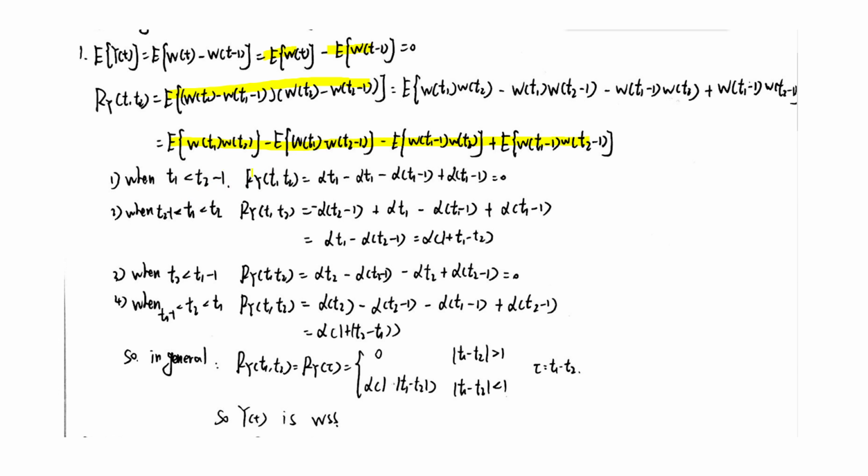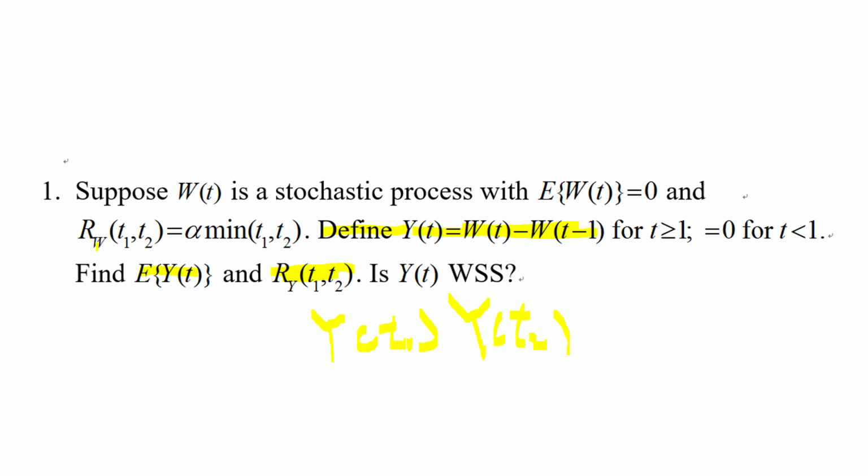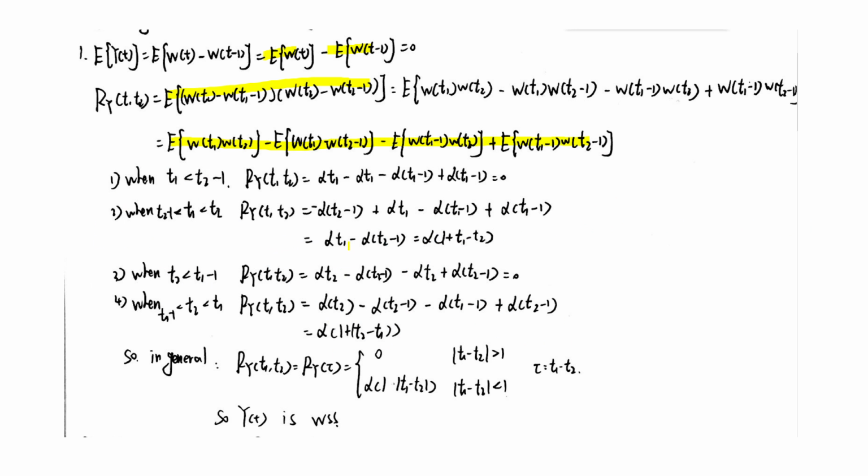By applying R_W(t1, t2) equal to alpha multiplied by the minimum value between t1 and t2, it's easy to find that R_Y(t1, t2) under this circumstance is equal to alpha t1 minus alpha t1 minus alpha (t1 minus 1) plus alpha (t1 minus 1). So apparently this part cancels this part and this part cancels this part, so finally R_Y(t1, t2) is equal to 0.